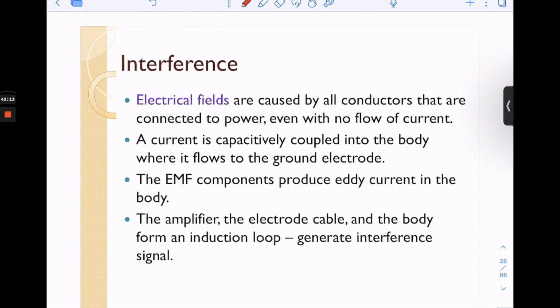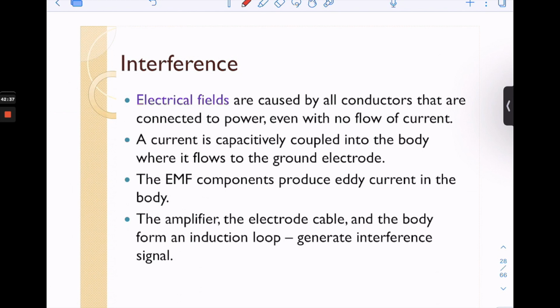Okay, so there are electrical fields caused by all conductors that are connected to power even with no flow of current. A current is capacitively coupled into the body where it flows to the ground electrodes. The EMF component produces eddy current in the body. The amplifier, the electrode cable, and the body form an induction loop, generating an interference signal.